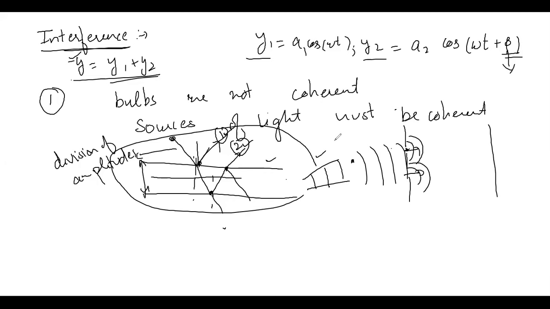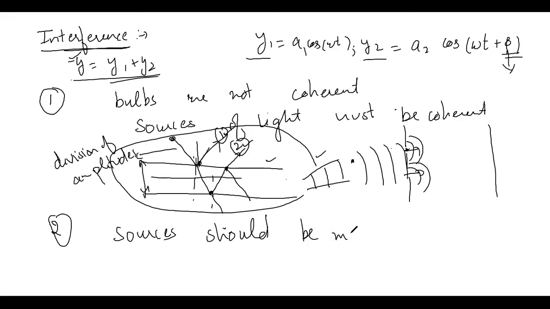The second criteria, and the first criteria is an absolutely must criteria. If your sources are not coherent, you won't be able to see an interference pattern. But if you want a good quality interference pattern, then your sources better be monochromatic. And again, this is not a must condition.